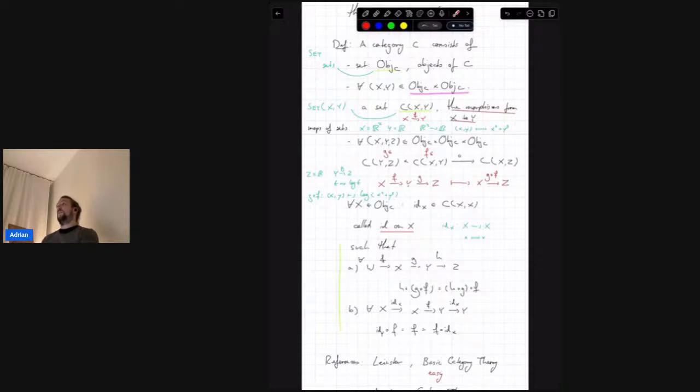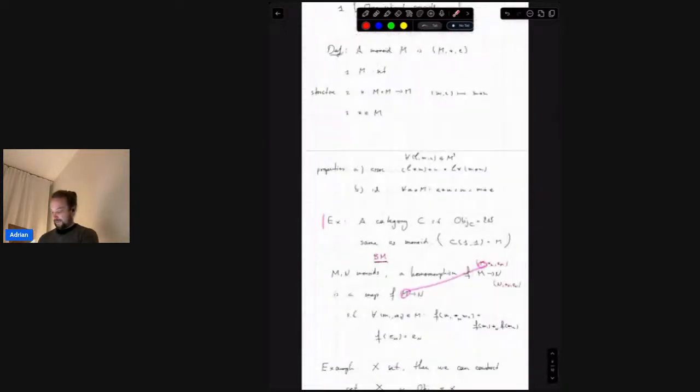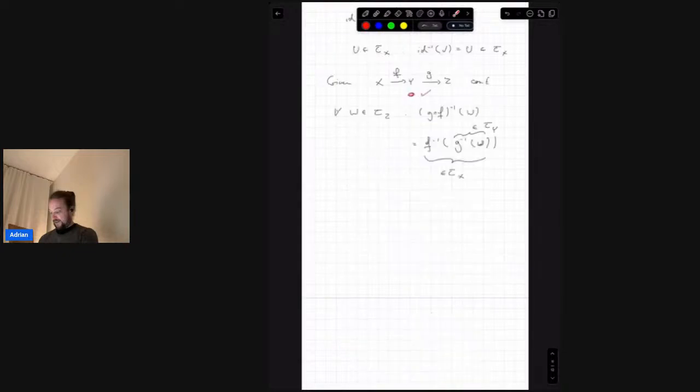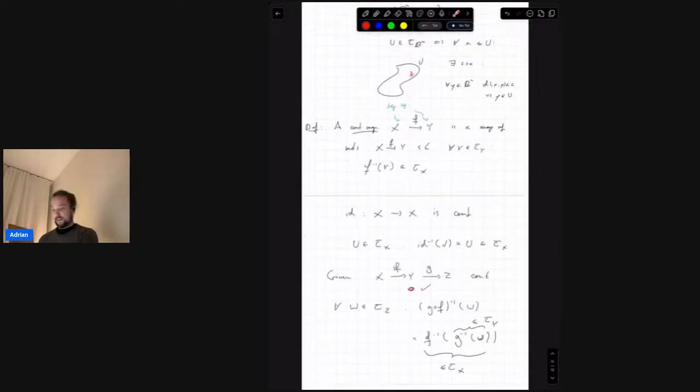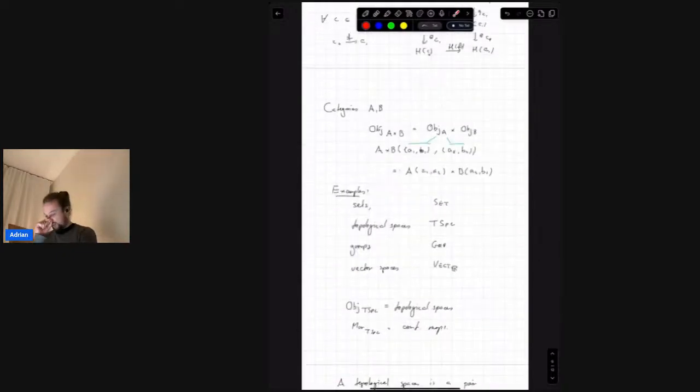So if you have two topological spaces, then a continuous map is a map between the underlying sets satisfying some property. But because we have this associativity condition already for maps of sets, we automatically inherit it for continuous maps between topological spaces. All right, so let's see. It's 9:04 where I am. So I'll just go through the remaining two examples of groups and vector spaces, and then I'll call it a day for today.